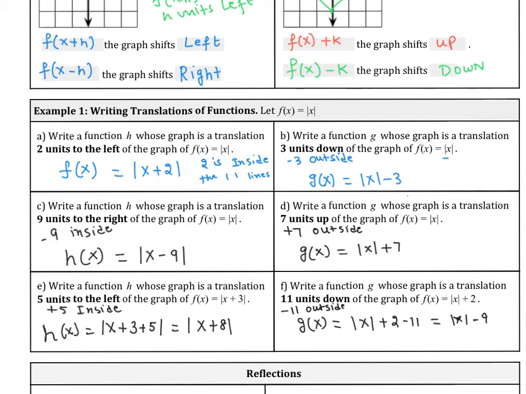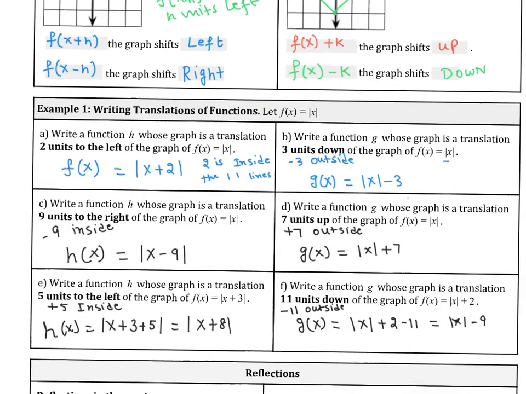We already have 2 outside, and when we move this graph 11 units down, we subtract 11 outside of the function. The final answer would be the absolute value of x, 2 minus 11, which is negative 9. So the absolute value of x minus 9 would be our final answer.